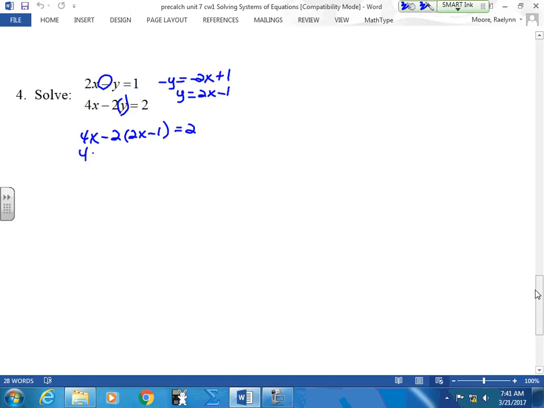All right. And now what happens? 2 equals 2. So what does this mean? All solutions. Because we know what y equals here, let's take this and solve this guy for y.